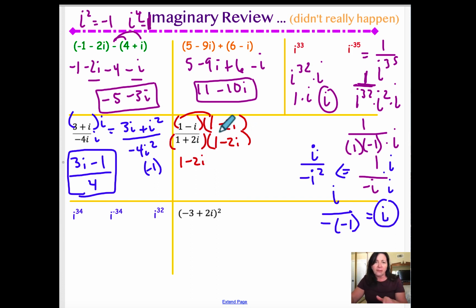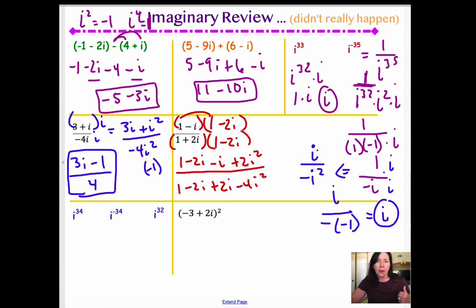I get negative i times 1, so that's negative i. And I get negative i times negative 2i, which is positive 2i squared. All over 1 times 1, which is 1, 1 times negative 2i, which is negative 2i, 2i times 1, which is 2i, and then 2i times negative 2i, which is negative 4i squared.